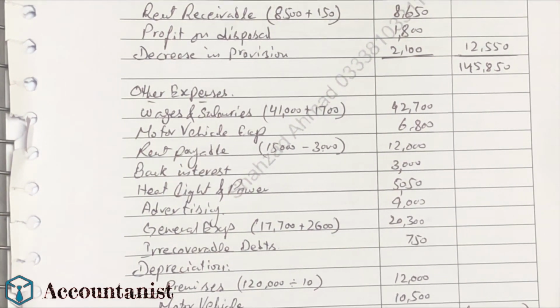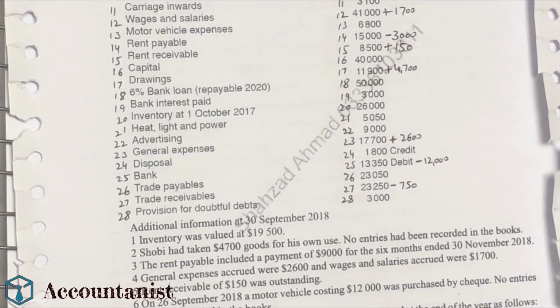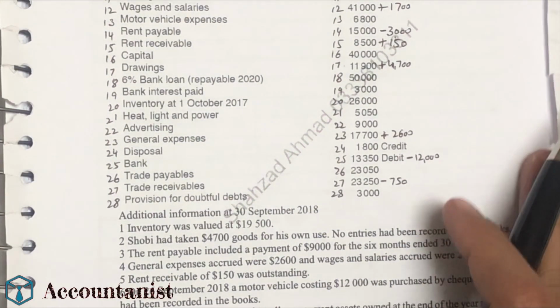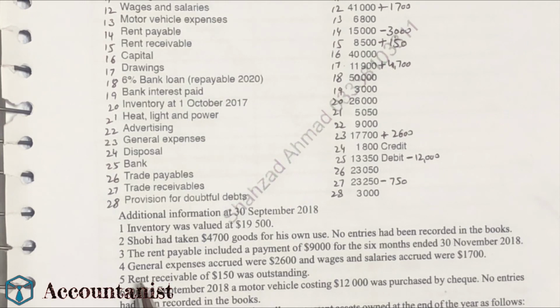We can reconcile or reconfirm this by looking here in the adjustment section. It says rent receivable of 150 was outstanding.